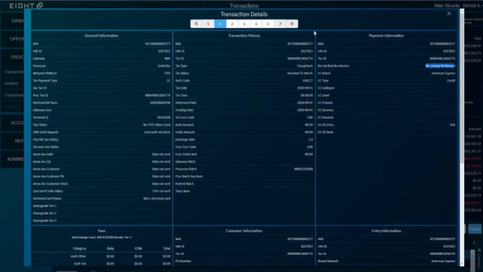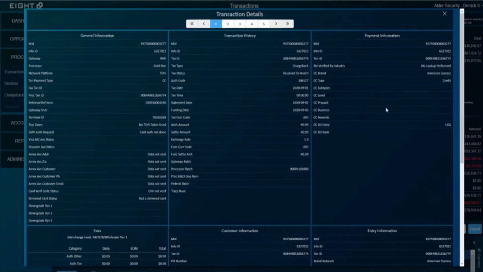fee this transaction appropriately. TSYS has the cleanest data in the industry, but only does this lookup 20% of the time, 80% of the time for speed to get things to go through the system faster. They don't run it. The problem with not running it 80% of the time is, when TSYS guesses what they think the card is, they're only 43% accurate.